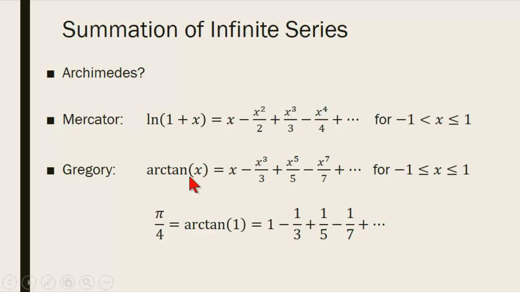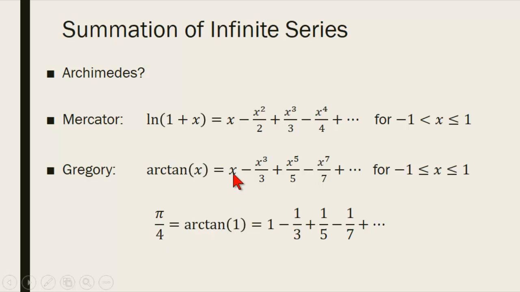Gregory, another mathematician, found an infinite series for the arctangent function, again for values of x between -1 and +1. And this one generated a lot of interest because if you plug in x equals 1, well, the arctangent of 1 is pi over 4.